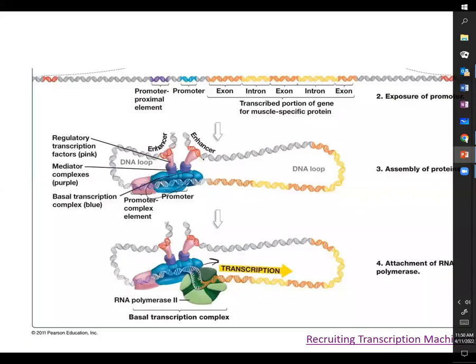So that is sort of the mechanics of how activating transcription factors and enhancers work to regulate transcription. But here's kind of the magic. How do these different cell types express different genes? What genes are expressed when?